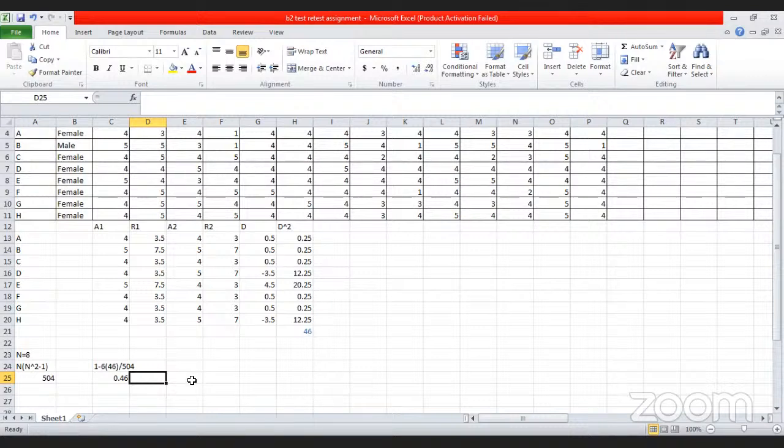So we get the correlation between the test and the retest. We have done it with the self-awakening, self-awakening attempt 1 and self-awakening attempt 2, and the correlation coefficient is 0.46. Clear up to that? Clear? Okay, likewise, you have to do the Spearman rank correlation for the other values.